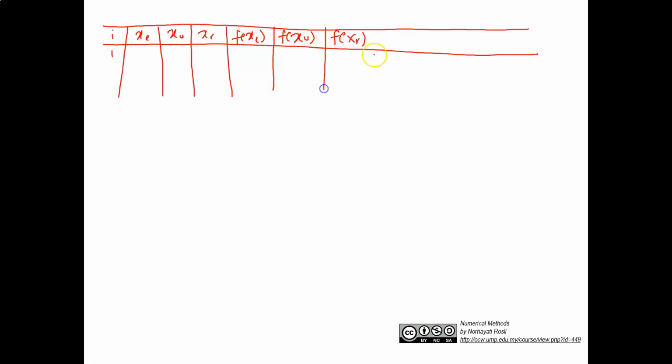So the question also asks you to compute epsilon t, epsilon a. But before this, before epsilon t, epsilon a, we have to have function of XL times function of XR, because this one we need to check the condition. And then epsilon t, epsilon a.